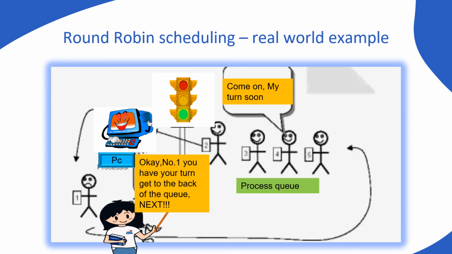And if its task is not completed, it gets back into the queue waiting for the PC to get free. While P2 gets into the room, performs its task, and if its task is completed within the provided time quantum, it exits the room permanently and will not enter the queue afterwards.